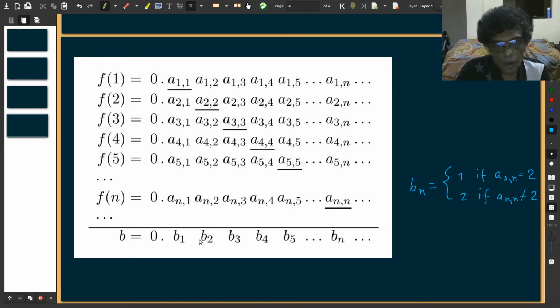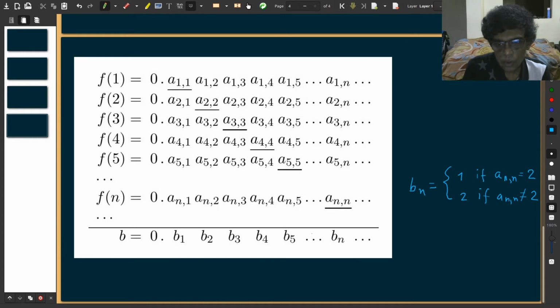It differs from f2 in the second position. This differs from f3 in the third decimal position. In general, it differs from f of n in the nth decimal position.